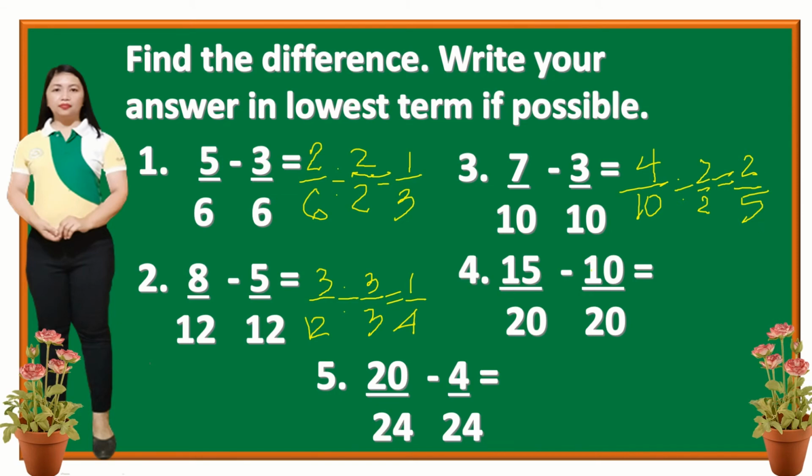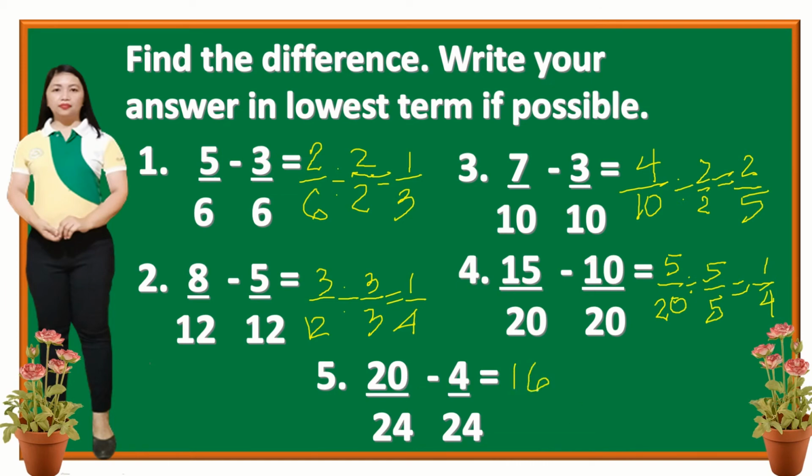Next is 15 minus 10. That would be 5, over 20, your denominator. This is not yet in lowest term, so we divide both numbers by 5. What is 5 divided by 5? That would be 1. And 20 divided by 5 would be 4. So your answer now is 1/4. Next is 20 minus 4.